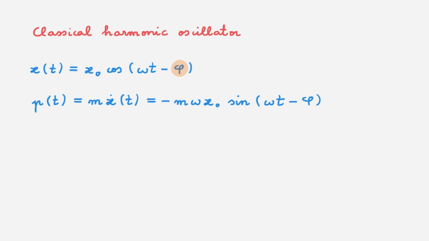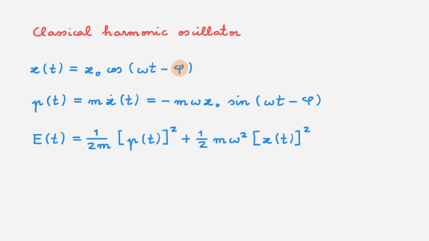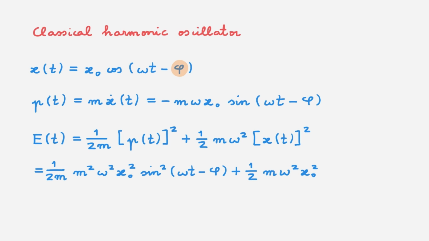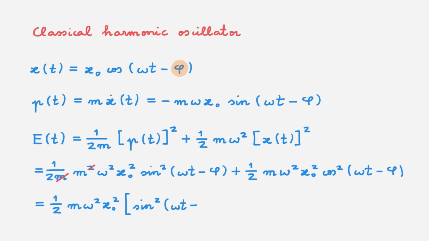And third, the total energy of the system is equal to the kinetic energy part plus the potential energy part. Inserting the expressions above for momentum and position, we get this for the kinetic energy and this for the potential energy. We can cancel this mass with this power, and we can then rewrite the whole expression as equal to this common factor, multiplying the sine squared plus the cosine squared.